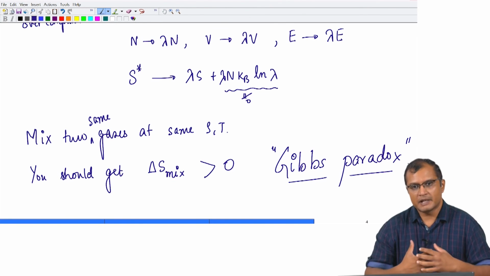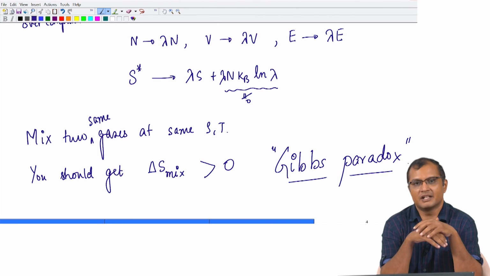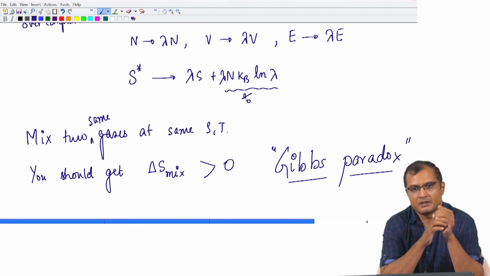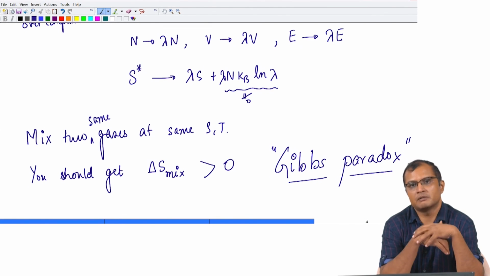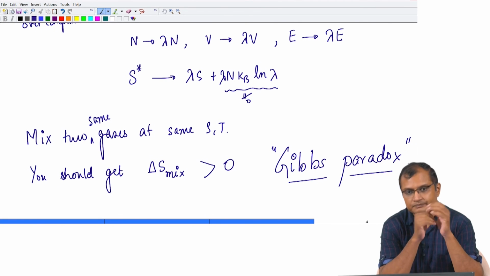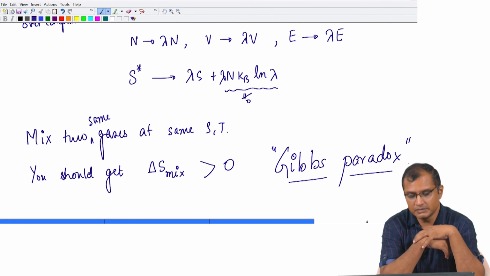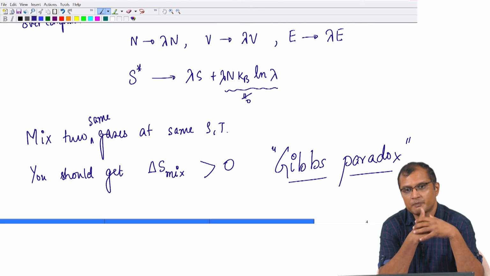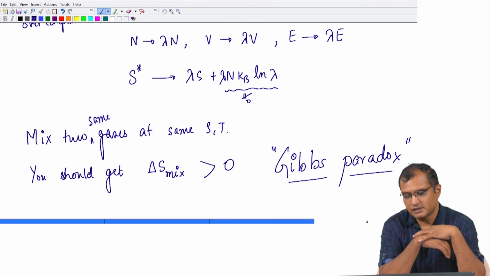At the heart of the Gibbs paradox lies the incorrect enumeration of microstates, precisely because you did not take into account that there are N factorial microstates that are indistinguishable, and you over counted them and thereby made the entropy non-extensive, and hence you ran into this issue.